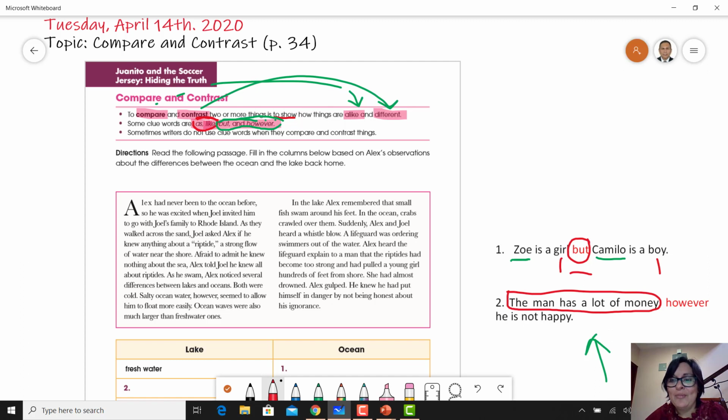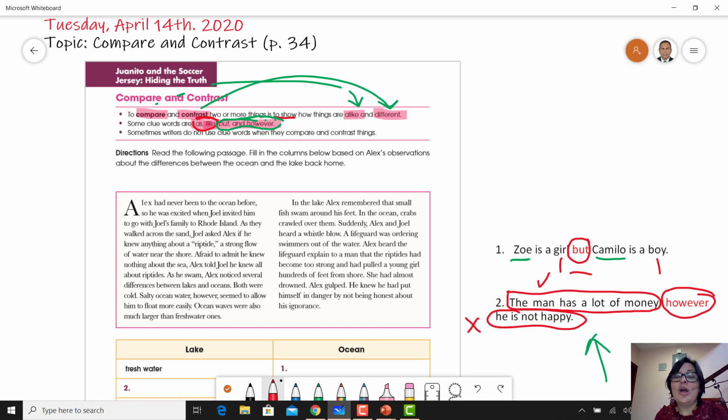In here we are comparing the situation of having a lot of money. But in here it says, however, we are using however to contrast that having a lot of money is not the key to be happy. So here we are saying, however, he is not happy. So having a lot of money, even though it's good, here we have a situation that is bad because he is not happy.